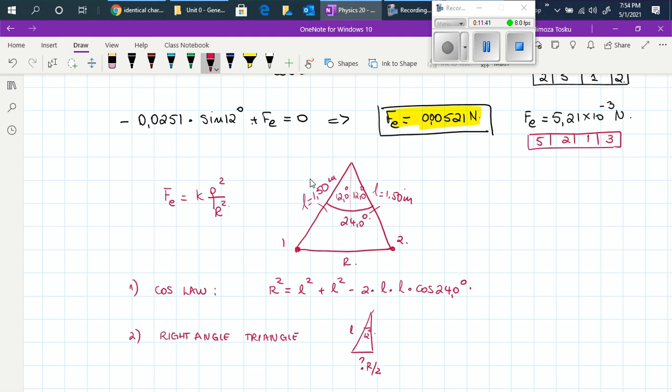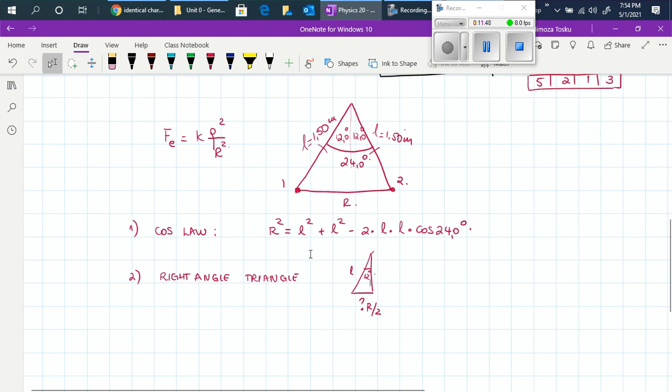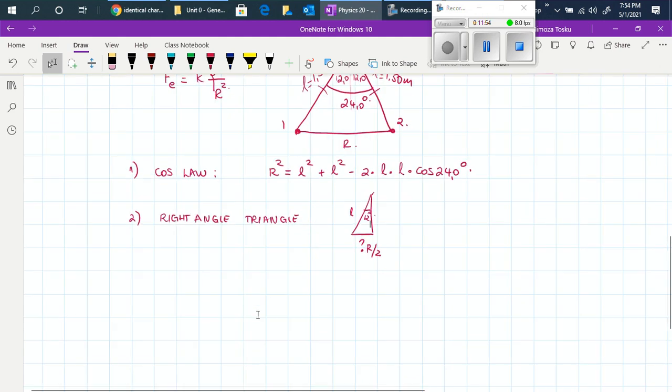Any of the ways that you use to solve for R will be fine. In the class, I used the sine with the right angle triangle, and now I will use cosine.